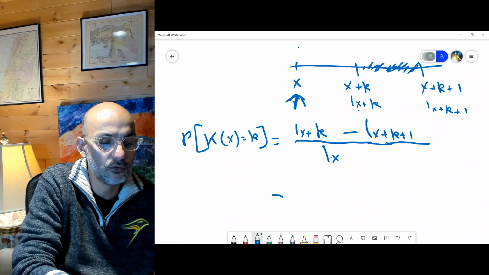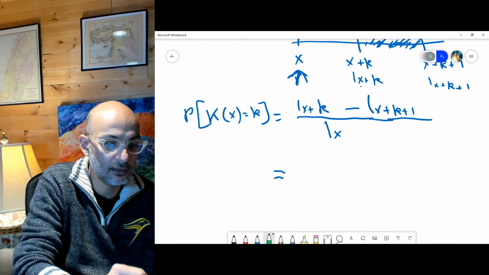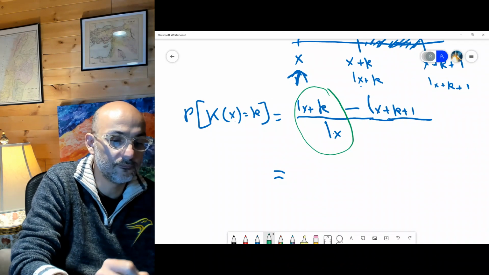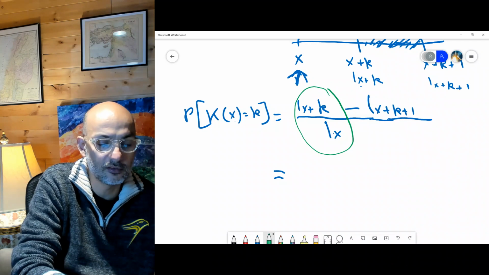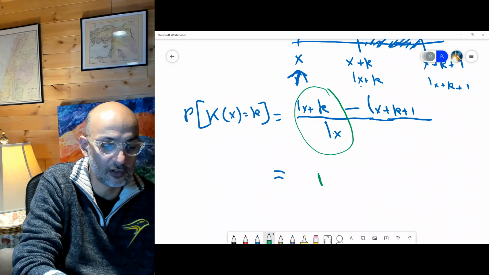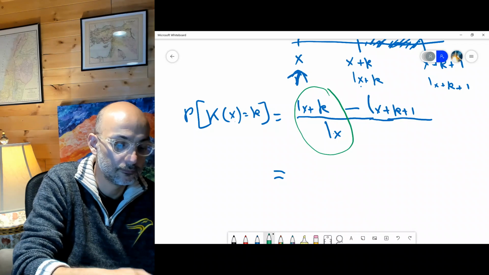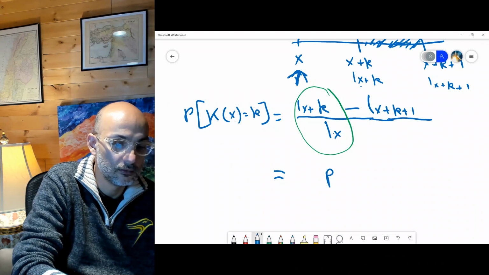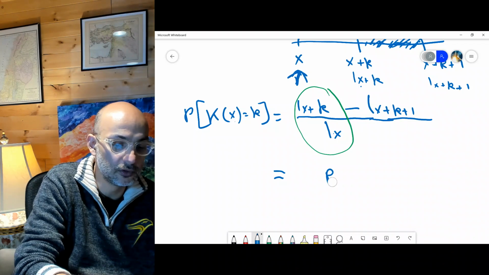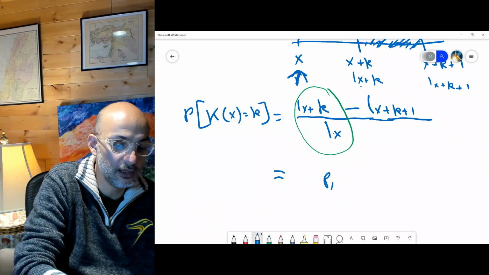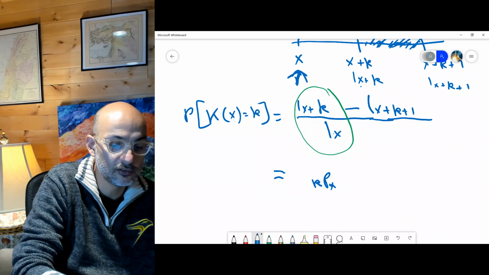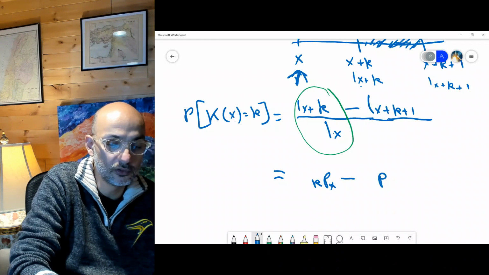This can also be written simply as the probability for a person to survive k years, k px, minus the probability for x to survive not k but k plus 1 years.